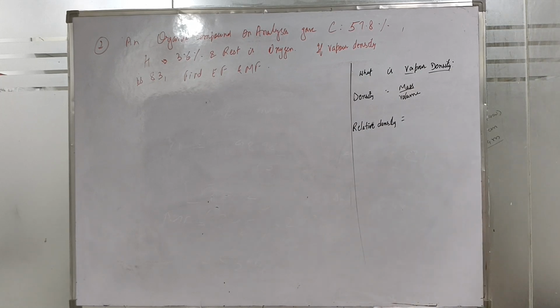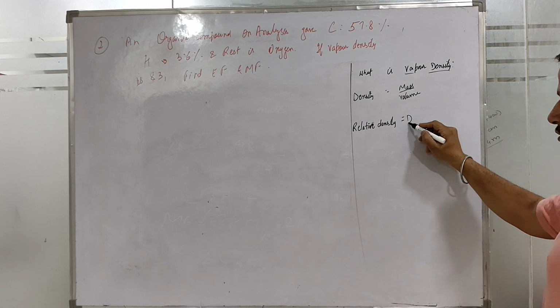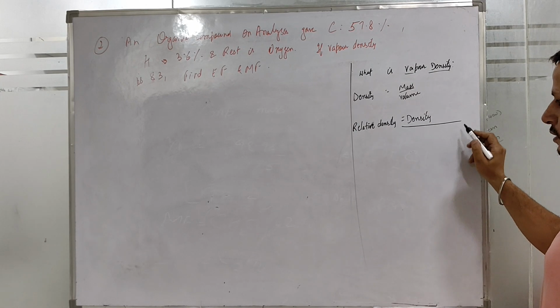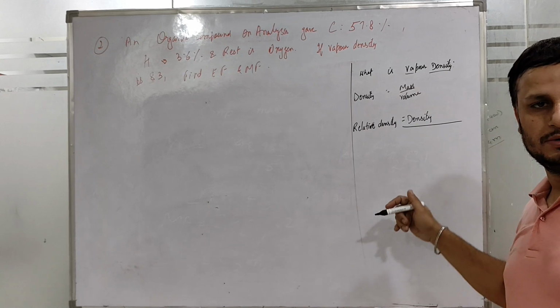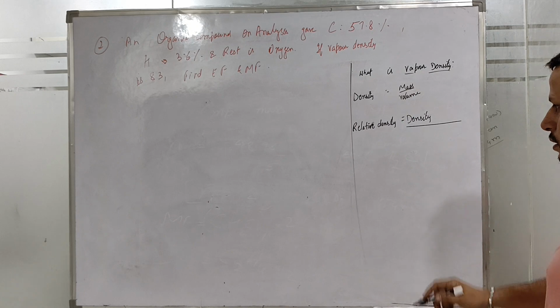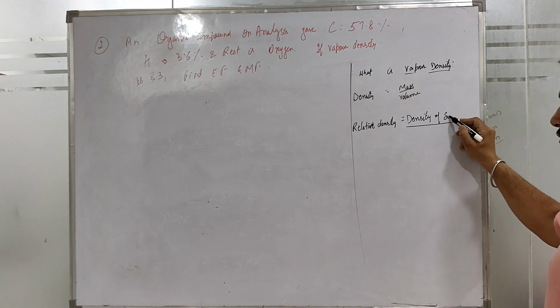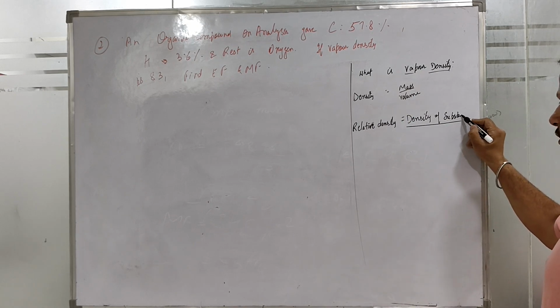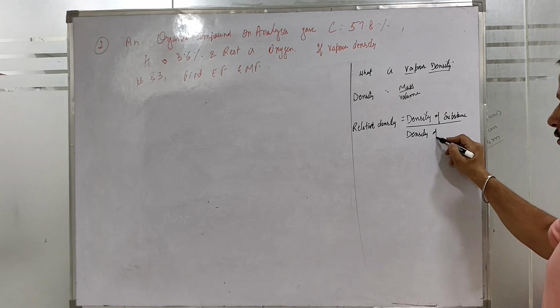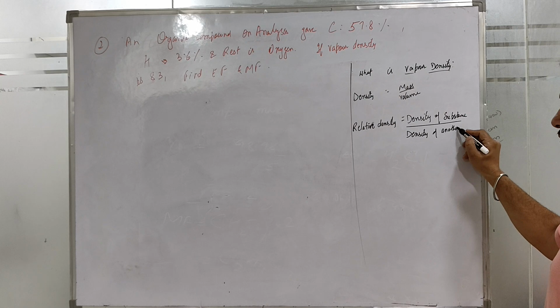The relative density is density with respect to some other element. Relative density means density of a substance with respect to the density of another substance.